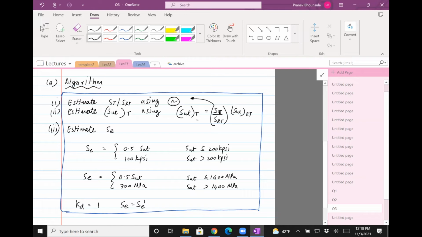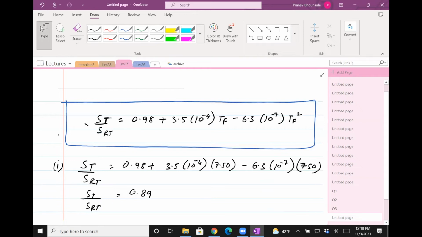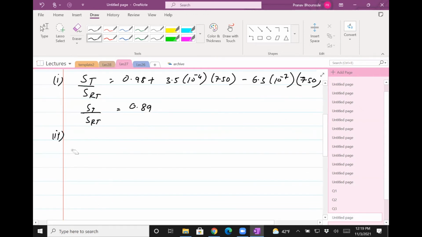Okay, so I'm just going to follow this. If I found this factor, then I want to find SUT at the elevated temperature, operating temperature T. So I'll use the second formula now, part 2. SUT at the elevated temperature equals this ratio times SUT at room temperature.